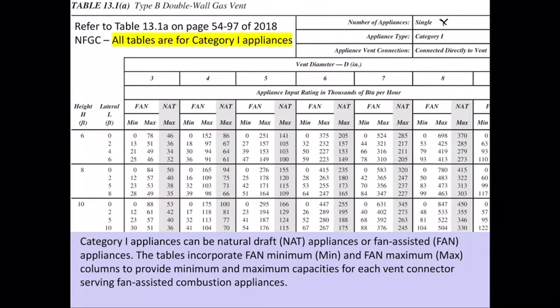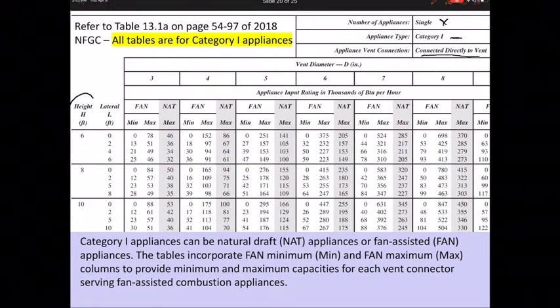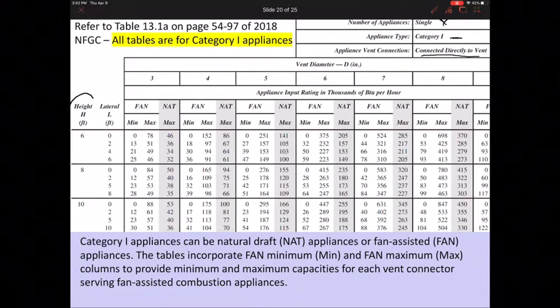A couple of things that I'll point out. Number one, up on the top, it says a single category appliance. I happen to have it for category 1. It is connected directly to the vent. What that means is if you're using a B vent pipe, that would be connected directly to that vent. There is no single wall in this application. In here, they also identify the vent height.